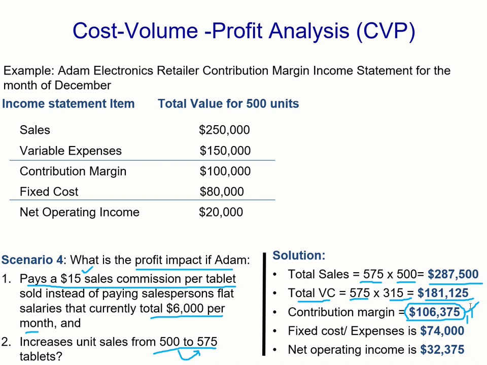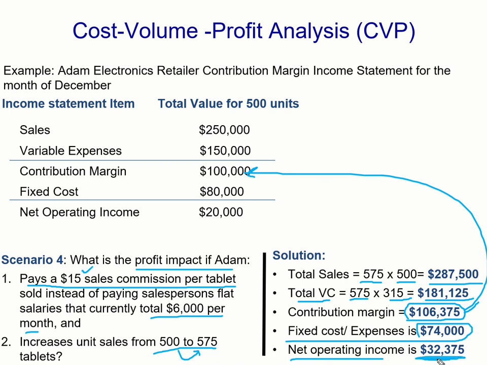But the good thing about this is we are going to deduct 6,000 from our fixed expenses. Our fixed expenses used to be 80,000. Now our fixed expenses are 74,000. So our new profit is 32,375, while the old profit, the current option, is 20,000.